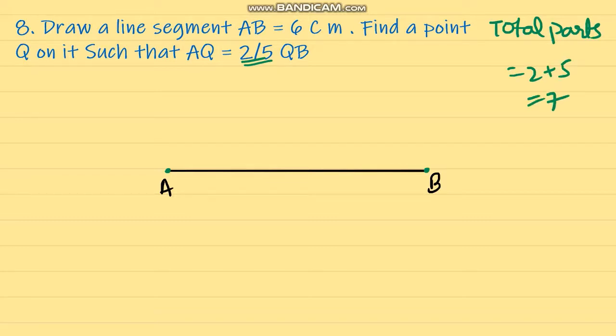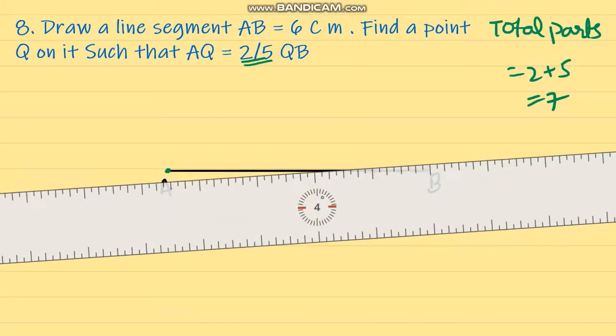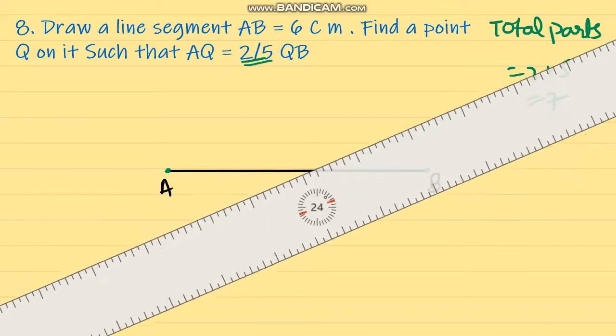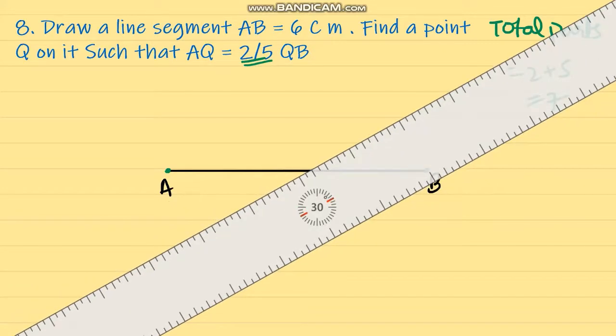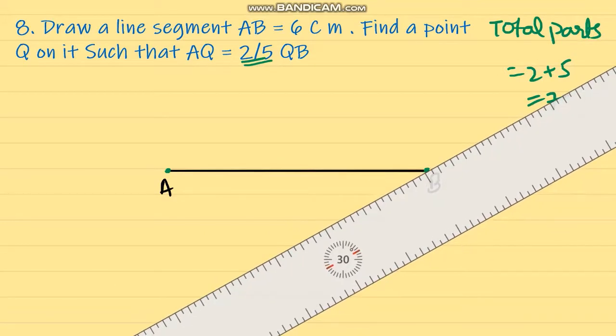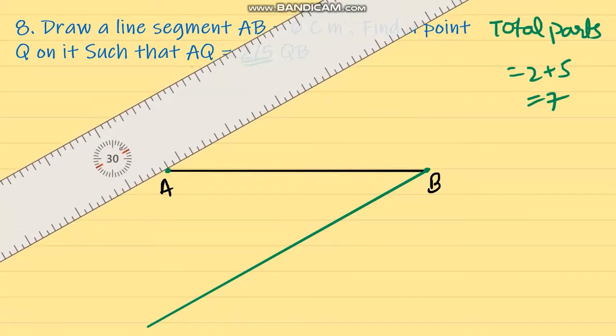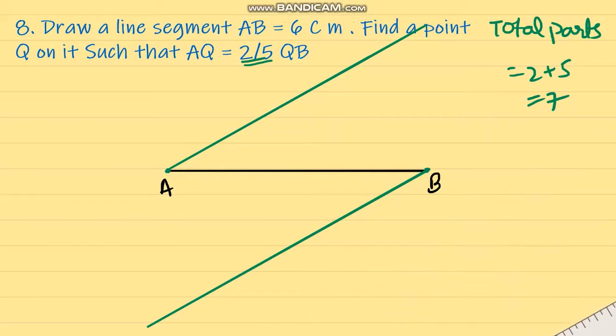So let us divide. Now to divide, what we will do? We will start drawing a ray from B and a ray from A. From B, I am drawing the ray to the lower side, and to the upper side from A. And in both the cases, the ray makes 30-degree angle with AB.